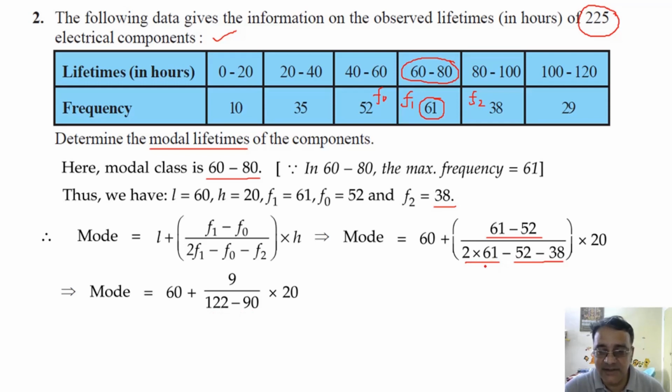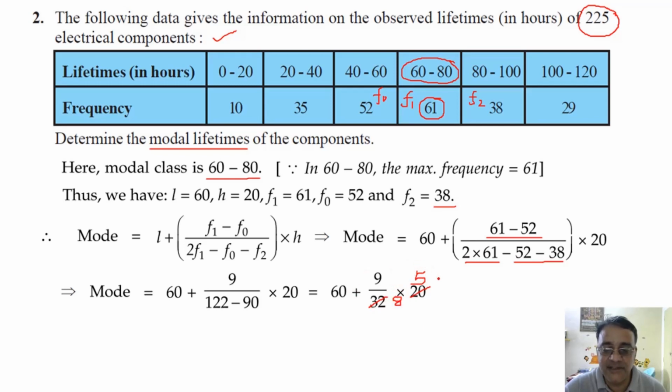So we'll get 9 upon 122 minus 90. 2 into 61 is 122, right, minus 90. So 9 upon 32. Okay, now we can cancel a little bit. We can cancel it by 4: 4 fives and 4 eights.